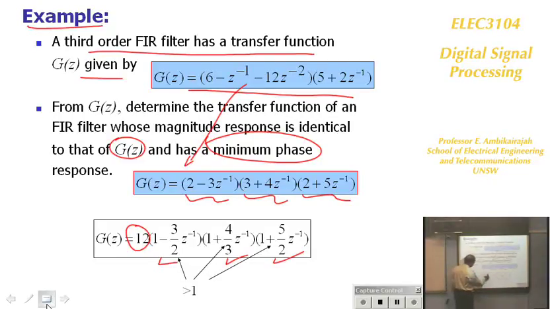If you plot the zeros, this will be at 1.5, this will be at 1 and 1/3, this will be at 2.5. The zeros, all of them are outside the unit circle. So what do you think? It's a maximum phase. Now you want to make sure this becomes a minimum phase. So what do you do? Go to the next page.